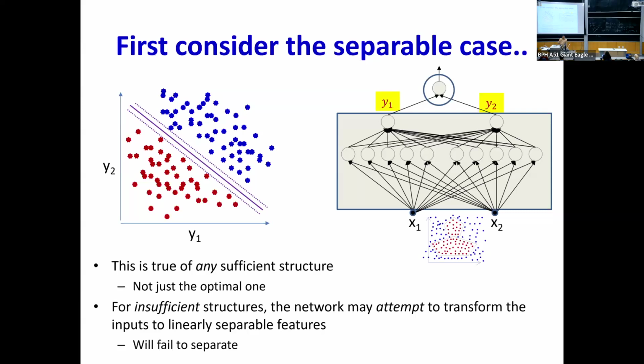That is a linear classifier, which means that the rest of the network underneath is going to work really hard and try to make the two classes as linearly separable as it possibly can, so that the final neuron can do the best possible job of separating the two classes. But if the structure is incomplete, is insufficient, all this means is that that final neuron will not be perfect. It's going to fail to separate perfectly, but within the limitations of the architecture. Ideally, it will separate as best as it can, with the lowest error possible.